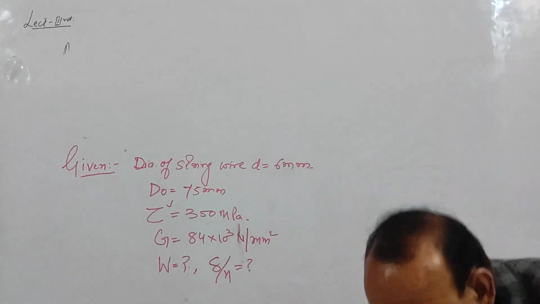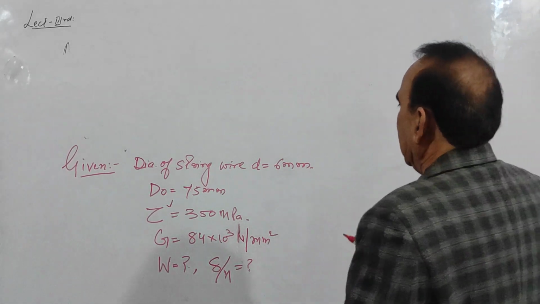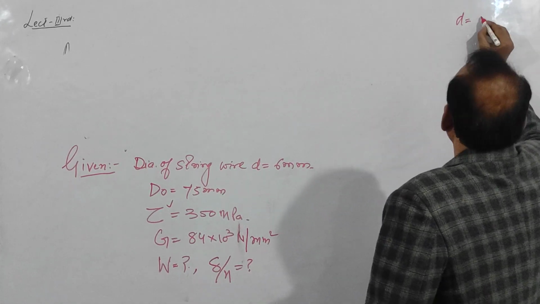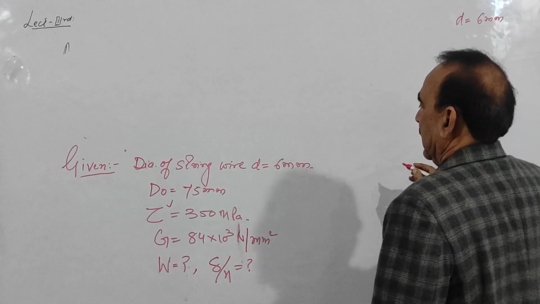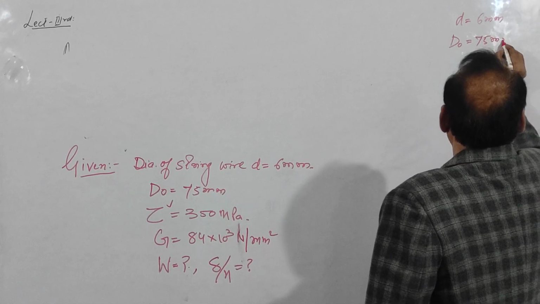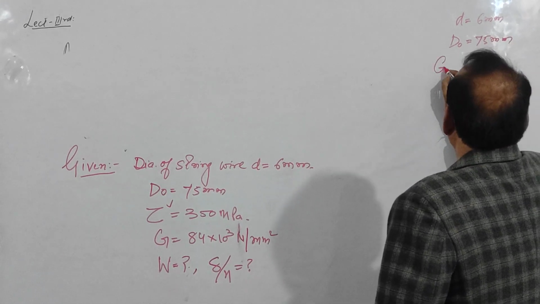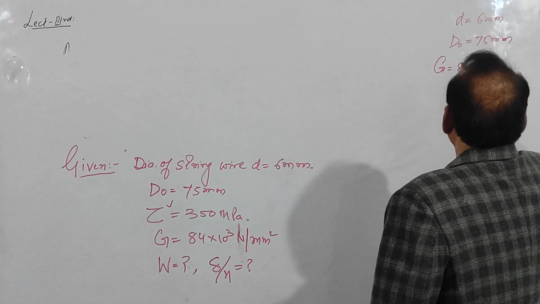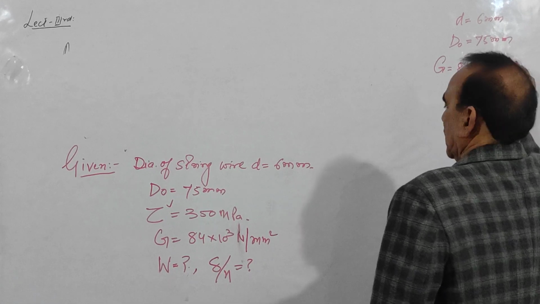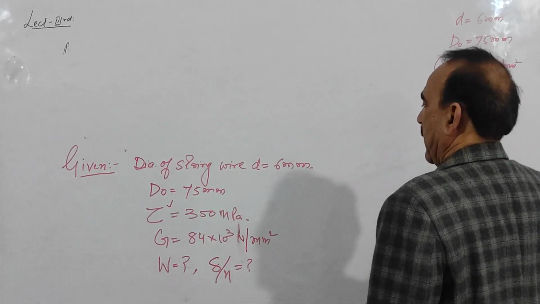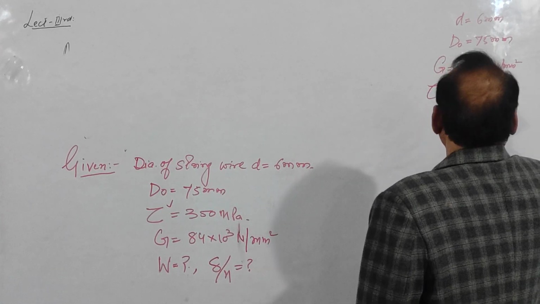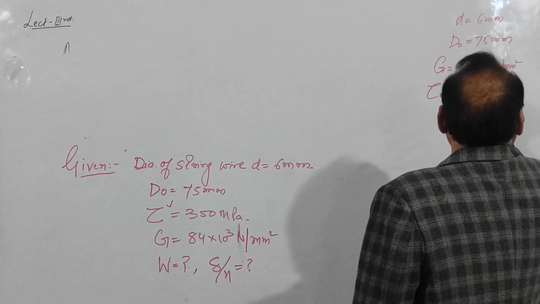So in the problem, you are given the diameter of the spring wire, that is d equal to 6 mm, D naught 75 mm, G equal to 84 into 10 raised to the 3 Newton per mm square, and tau max, you can say this is 350 MPa.